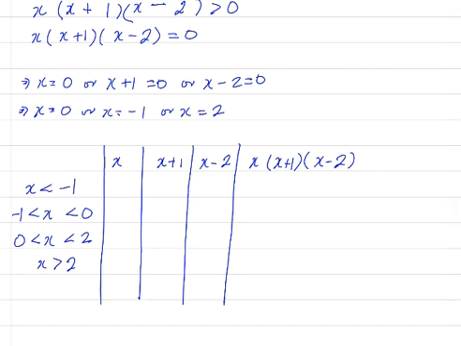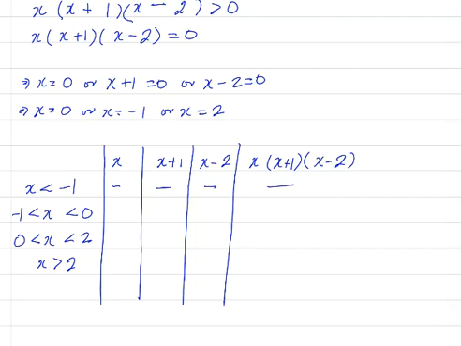If x is less than minus 1, for example minus 2, x is negative, minus 2 plus 1 is still negative, minus 2 minus 2 is still negative. If you multiply three negatives, you get a negative.